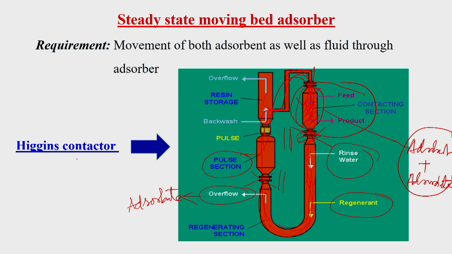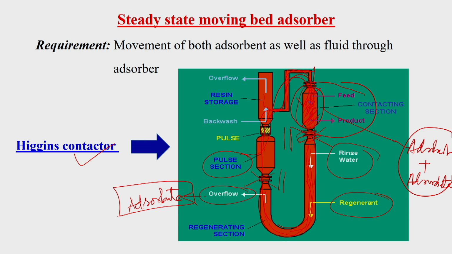Okay, so using this Higgins contactor the adsorption process is made continuous, though it is of batch type or semi-batch type, but the process goes on in this way. Firstly, in the contacting chamber fresh adsorbent is added, and at the same time in the regeneration chamber, whatever adsorbate and adsorbent were there will be regenerated, meaning through the overflow the adsorbate will be separated, and fresh adsorbent will be coming.